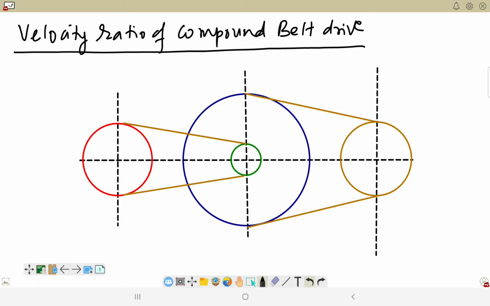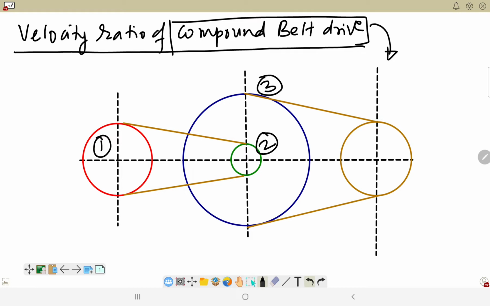In front of you there is a sketch indicating a compound belt drive. In this sketch you will see that there are 4 pulleys. This is pulley number 1, this is pulley number 2, this is pulley number 3, and this is pulley number 4.